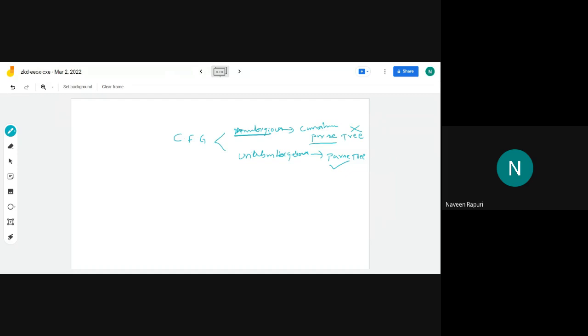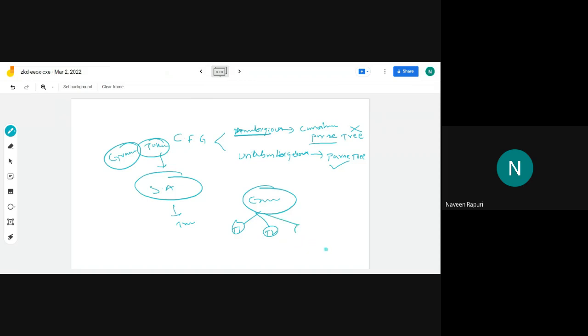Sir, why is it unable to construct the parse tree? Parse tree means the syntax analyzer, with the given tokens and grammar, has to accept one tree. Suppose the grammar is producing many trees: tree 1, tree 2, tree 3, tree 4, like that.